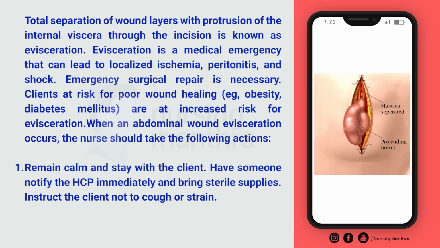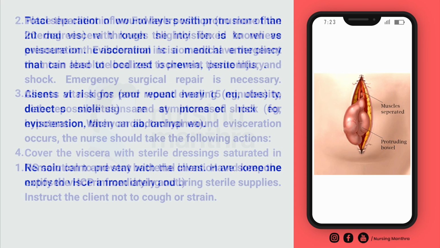Now we can see which actions have to be taken by the nurse. The nurse has to remain calm and stay with the client. Don't panic. Have someone notify the healthcare practitioner immediately and bring sterile supplies. Instruct the client not to cough or strain, because coughing and straining will cause further protrusion of the bowel loop.